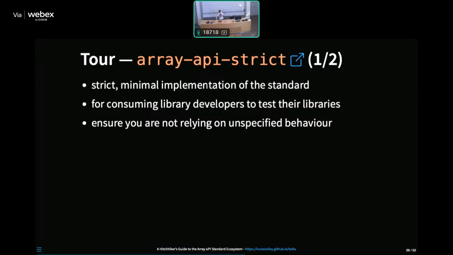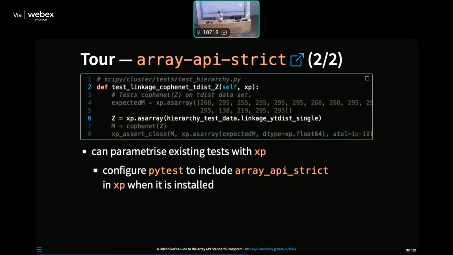Moving on, though, to Array API strict. This is another thing for consuming libraries. It's a strict minimal implementation of the standard, and it's a testing utility. What you can do is run Array API strict arrays through your test suite, and if you're relying on unspecified behavior that maybe exists in NumPy, exists in PyTorch, but doesn't exist in the standard, your tests will catch this, and they'll fail, because it's not implemented in this library.